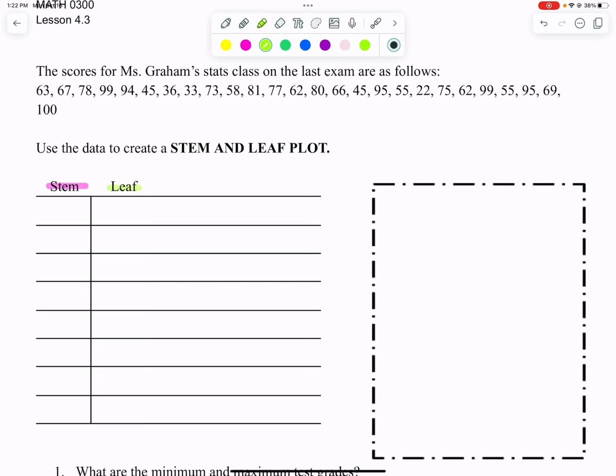A stem plot creates categories for numbers. The stem could be considered a category. And the leaf represents the individual data points.